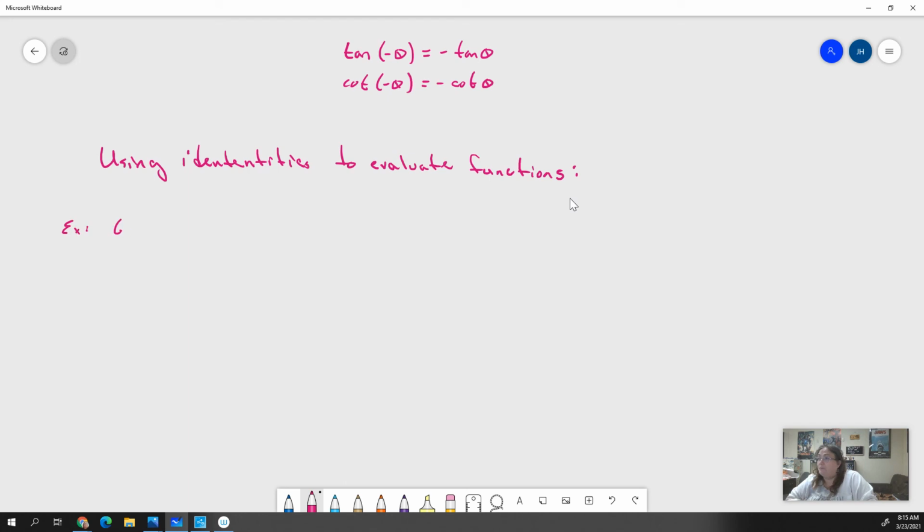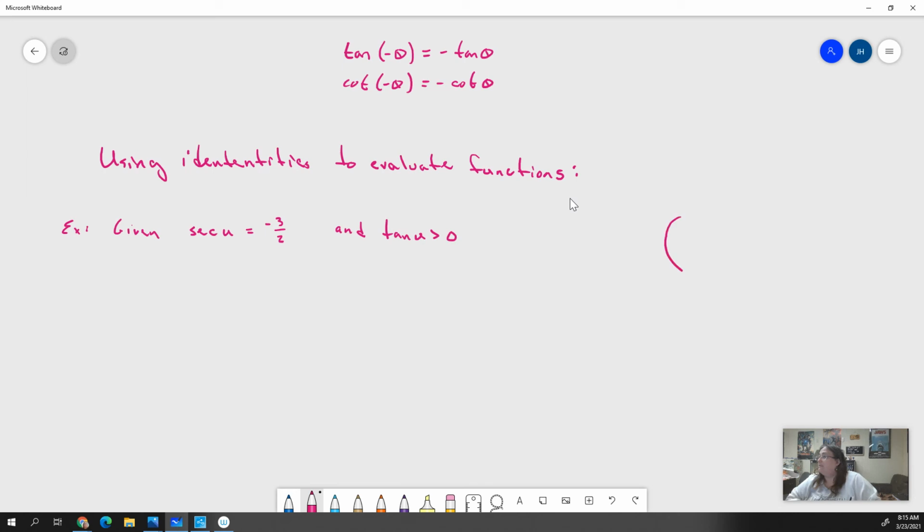So our first example is we're going to be given that secant u, right? U is just our variable, equals negative 3/2. And it's also telling us that tangent u is greater than 0.